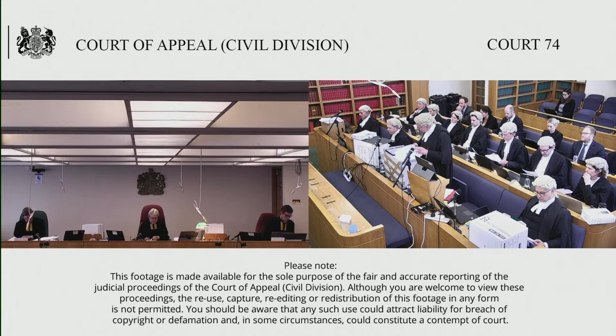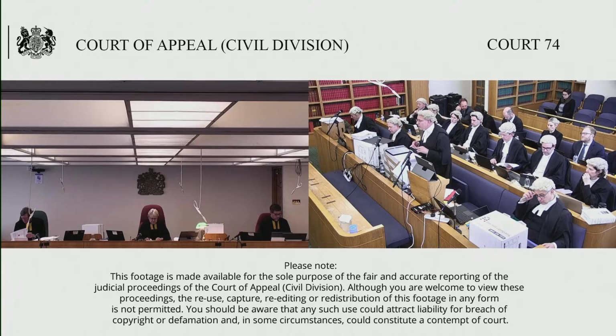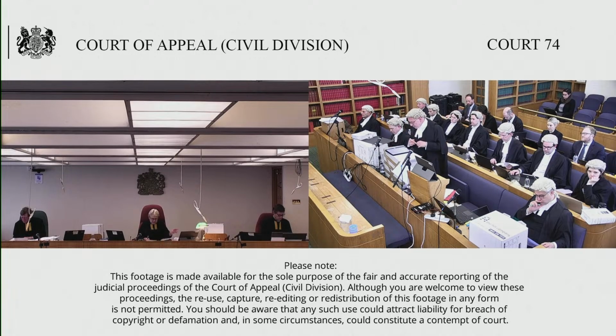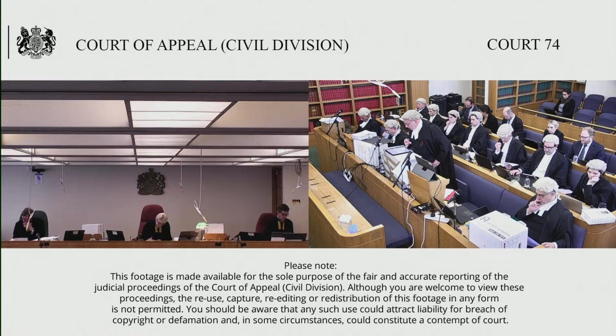The LMA definition of lender is at page 14 of the handout, which I've just handed up to the court. Lender is defined as any original lender, and then the court sees what we have. And we've got almost the same in ours.